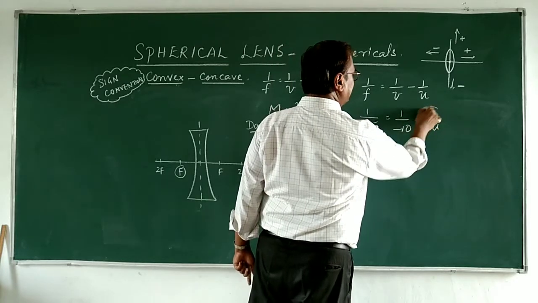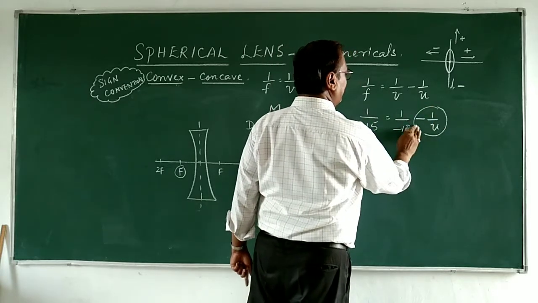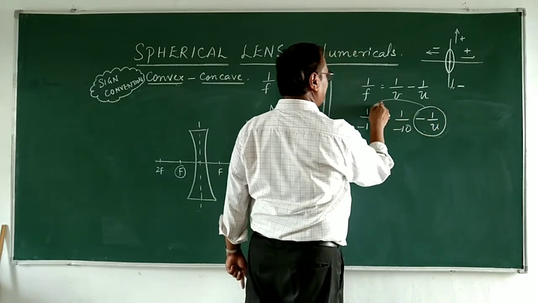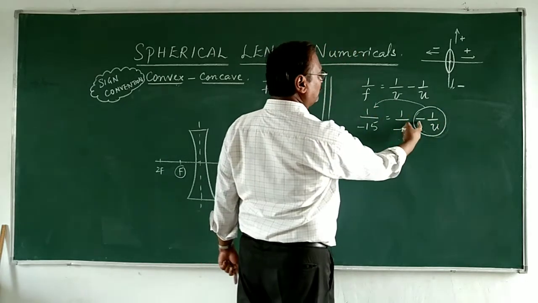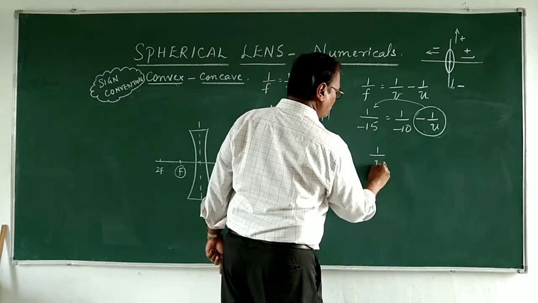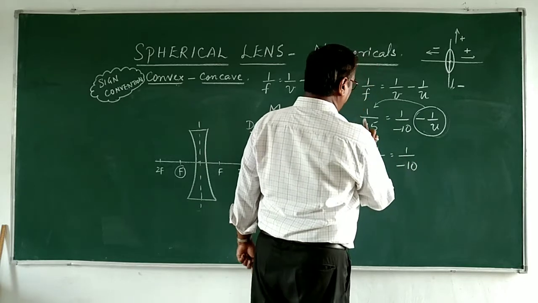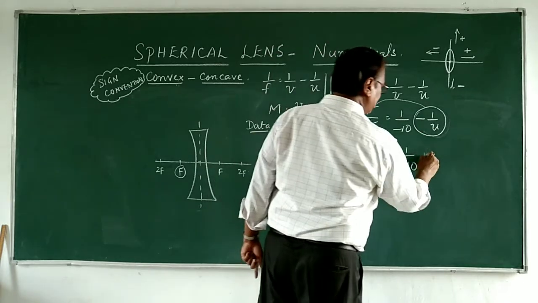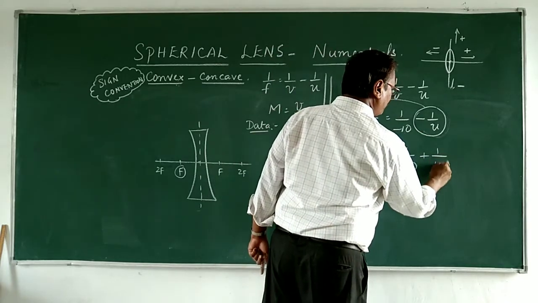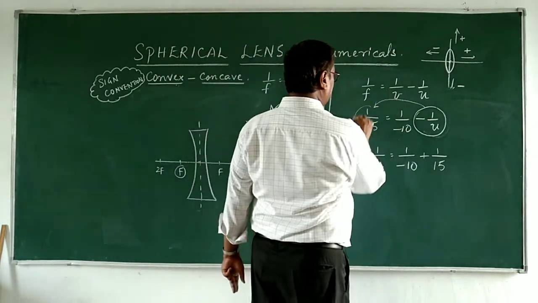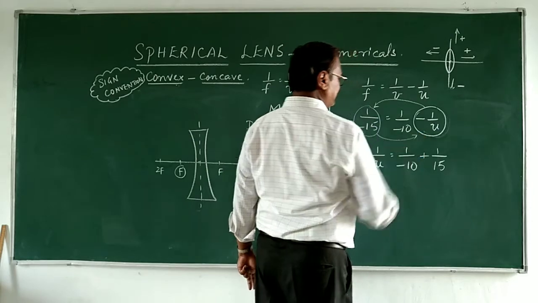I will suggest one thing, shift this whole thing to this side. Minus 1 upon U will become plus 1 upon U, which is equal to minus 10. Minus comes this side, it will become plus 1 upon 15. Our job is done. This has been shifted here, and the other one has been shifted to this side.